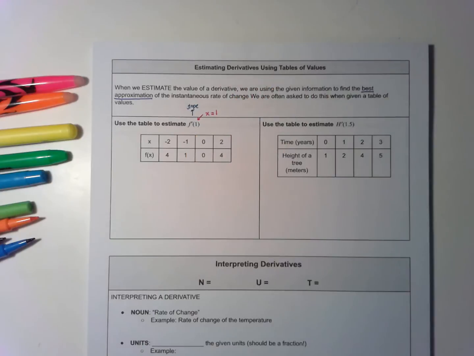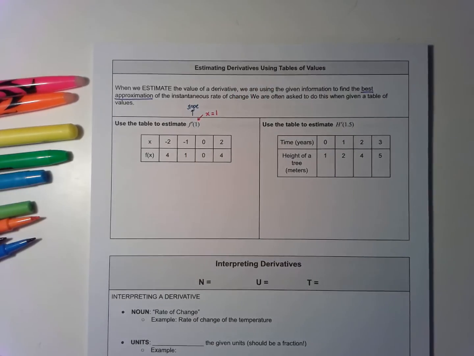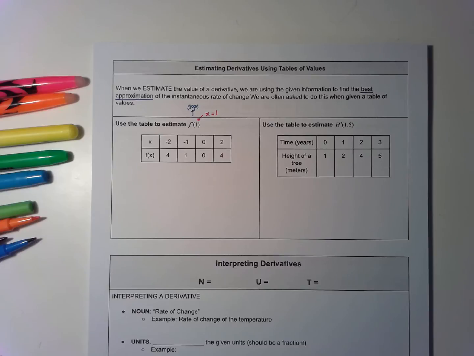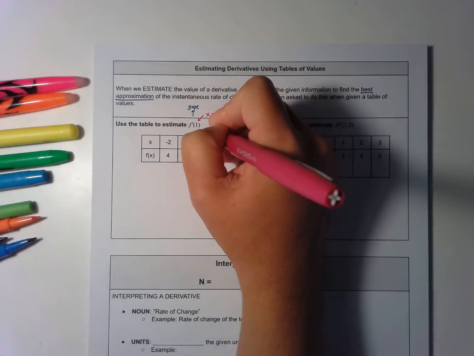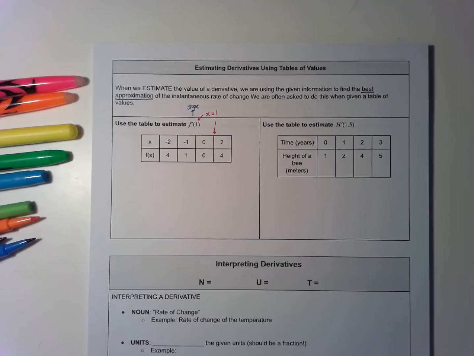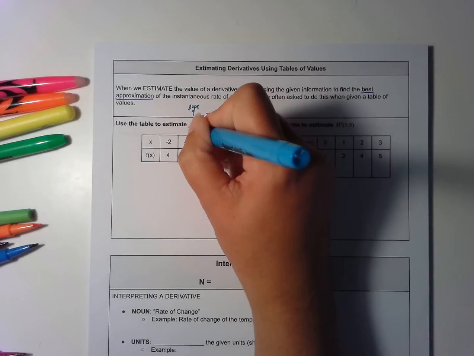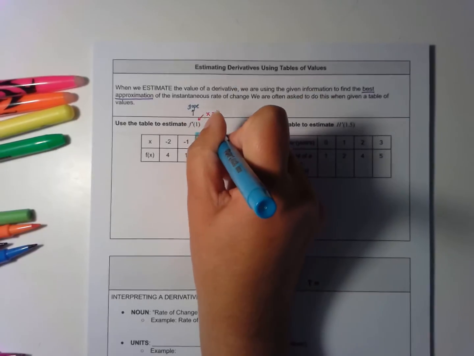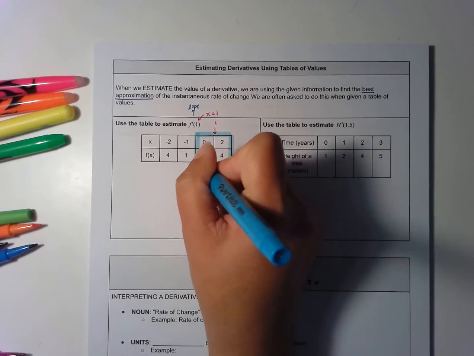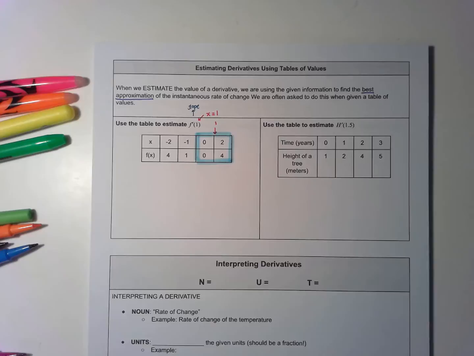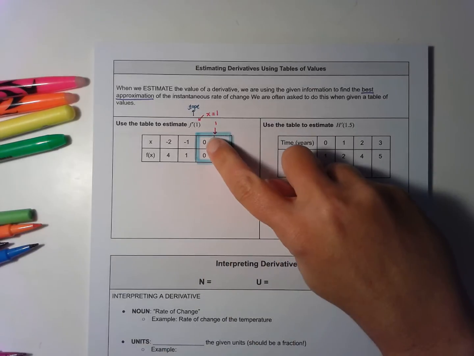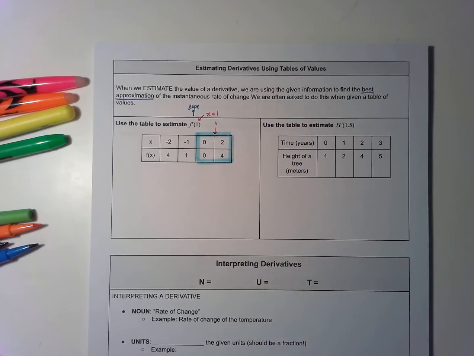So in this table, the first thing I would do is try to figure out where the 1 would be. In this table, the 1 would be in between the 0 and the 2. So what we're going to do is find the slope between the two closest ordered pairs to that value, which in this case would be the ordered pairs (0, 0) and (2, 4).